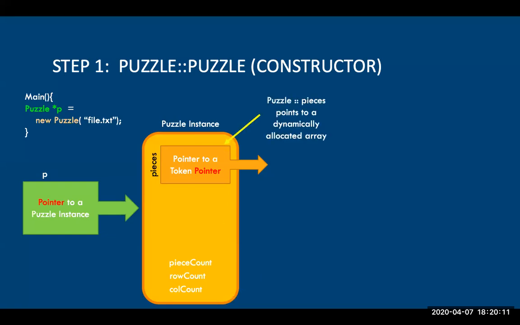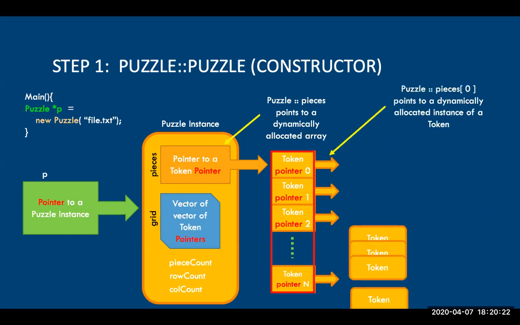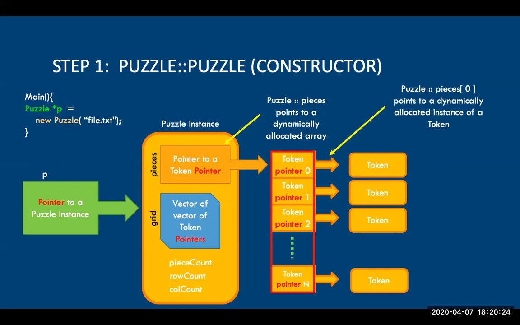And we need that because it's going to be an array of pointers. And then we have our grid, which we're not going to initialize in our constructor. So our constructor is going to create that dynamic array, and then it's going to walk through and create all the tokens for it. It's going to point the pointers at those token instances. That's what our constructor is going to do for us.